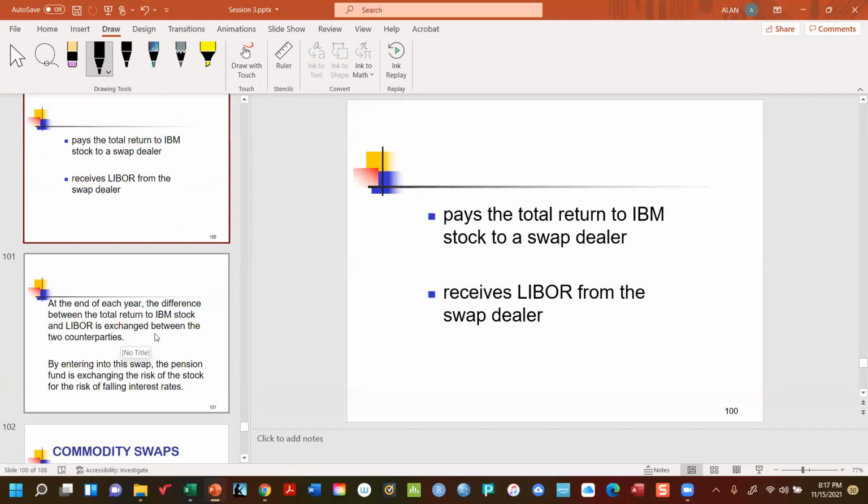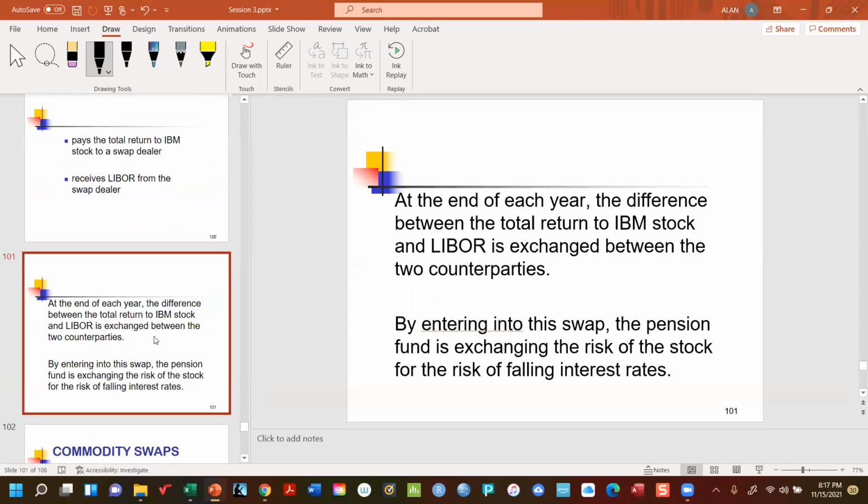So if rates go up, well, of course, the difference is traded between them. The fund is exchanging the risk of the stock falling for the risk of falling interest rates. So in other words, if rates go up, which may send the stock market down, we're going to benefit from that.